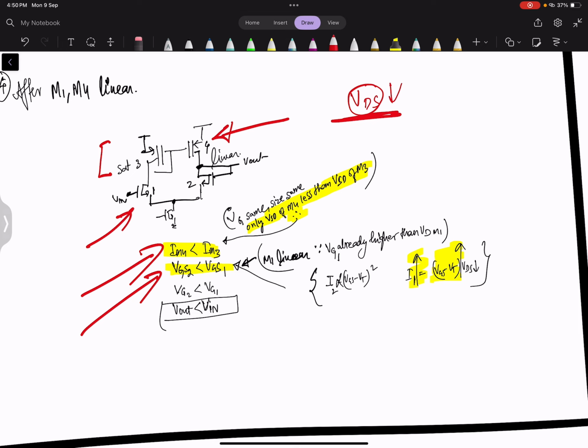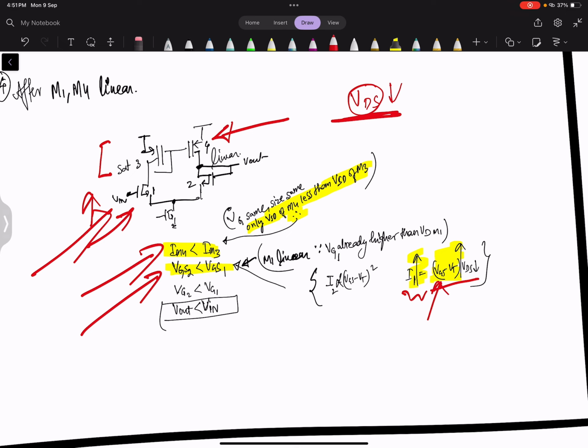Also, since we have increased Vin very high and this is linear, VGS of M1 is higher than the VGS of M2. Okay, gate voltage. So basically M1 current is high compared to the M2 current. Because of the linear region, we have higher gate voltage.